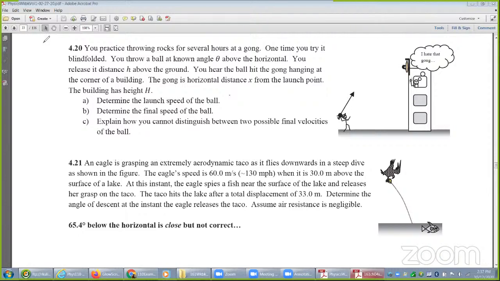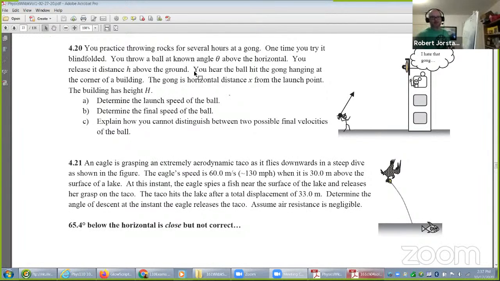Are we assuming in this question that it's hitting the gong at the top of the curve? Yeah. Because you hear the ball hit the gong, so we know it's going to hit the gong, and we're going to assume it basically hits right at the corner. And that tells us something else. We know this distance right here.